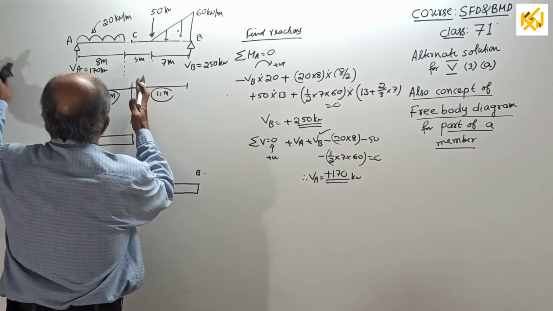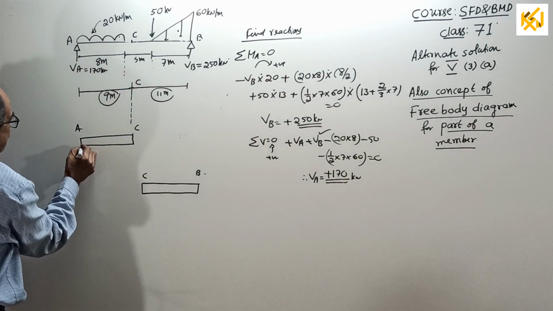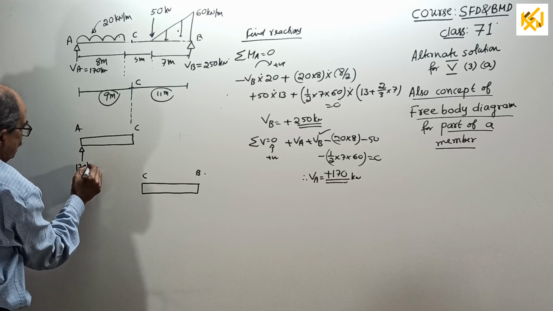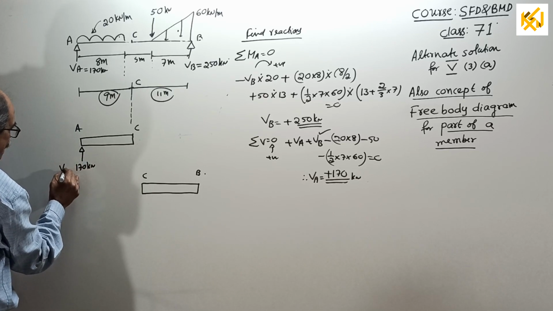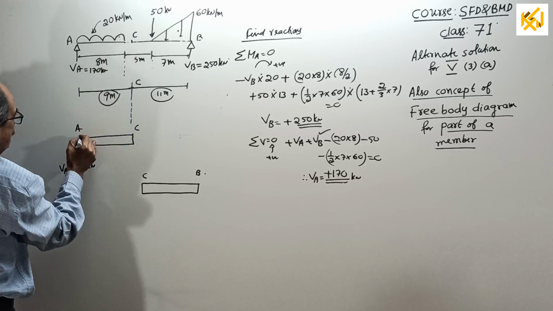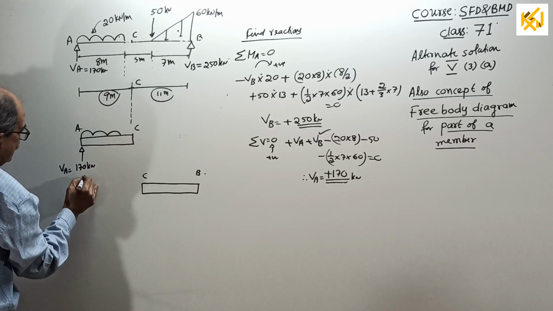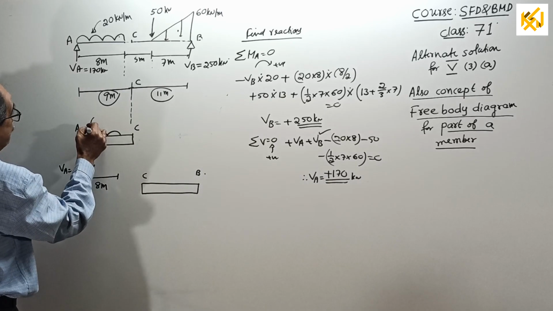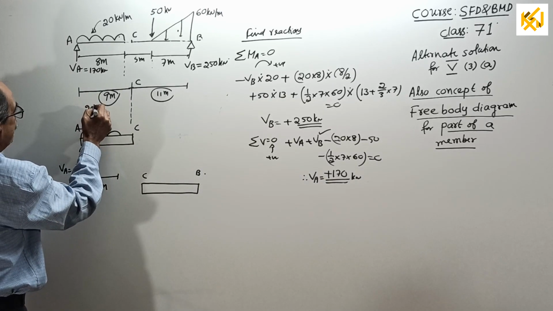So, look this side. This reaction, you write as it is. How much? 170 kilonewton. You can write VA only, 170. This UDL will be there. How much? Length of UDL is 8 meter. UDL is 20 kilonewton per meter.